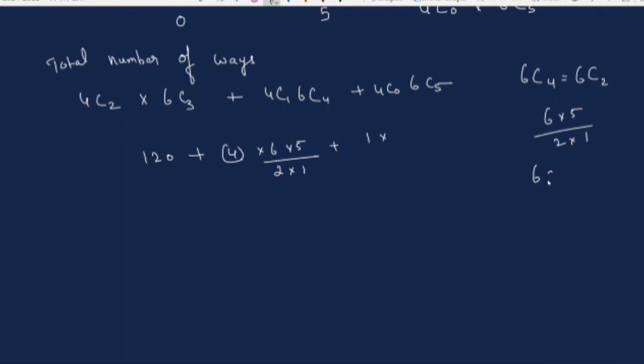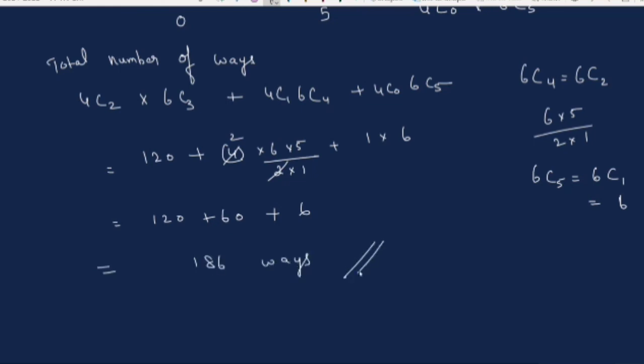So into 6. So this is equal to 120. This gets cancelled. 30 into 2 plus 60 plus 6. So this is also equal to 186. So total number of ways is 186 ways in both.